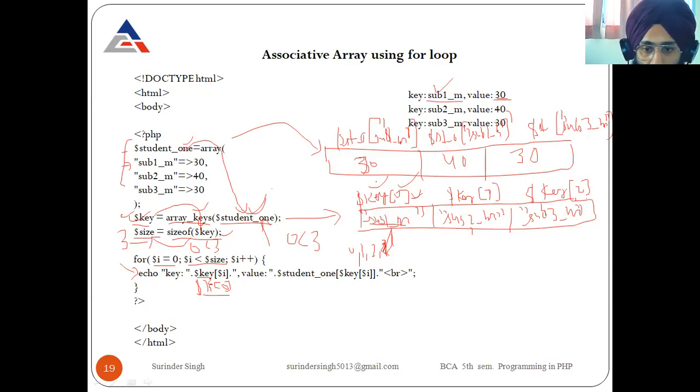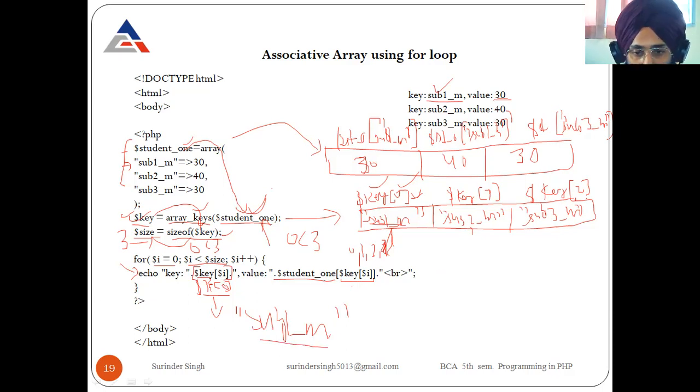Clear? Now here we get the key, like subject 1 m. If we enclose this in square brackets and write the array name here, student 1, by using this we are getting the key.